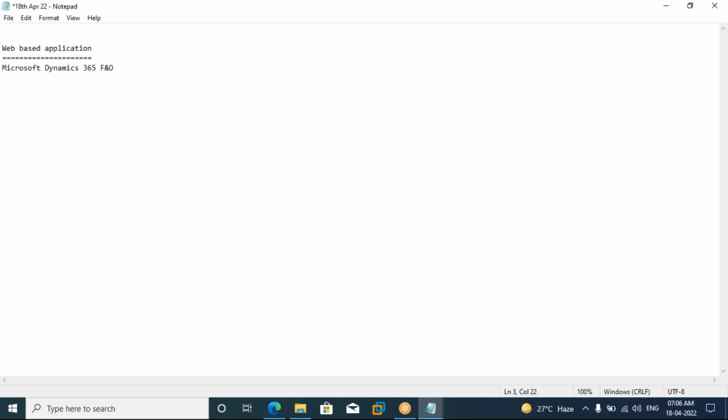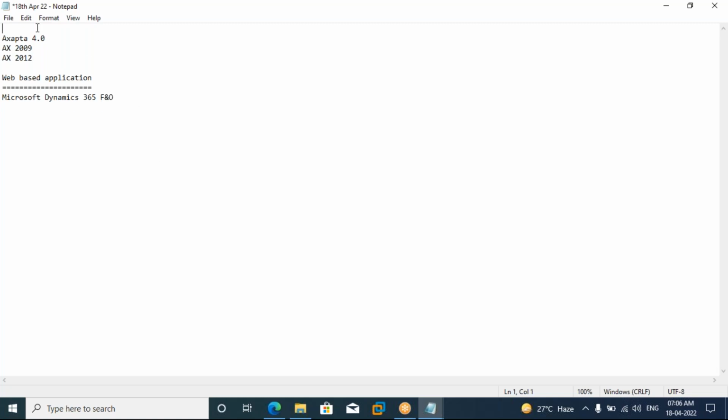Earlier, the same application had different names: Axapta 4.0, AX 2009, and AX 2012. These are the different versions earlier.